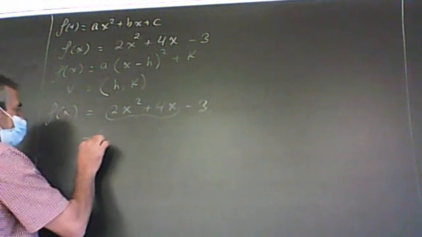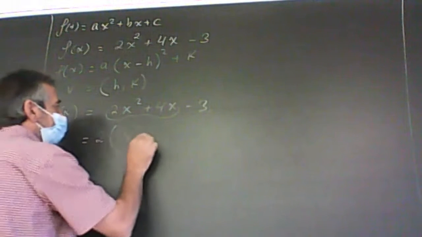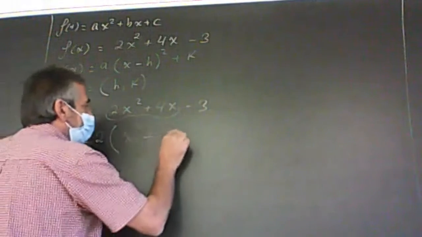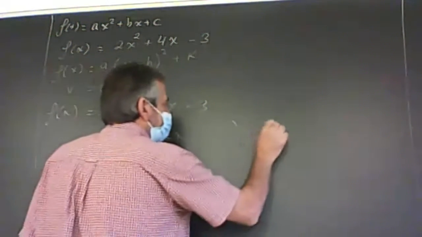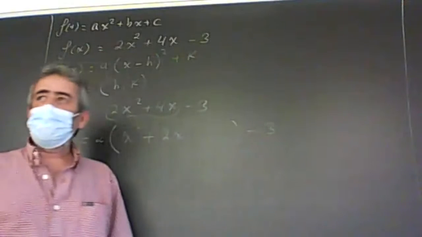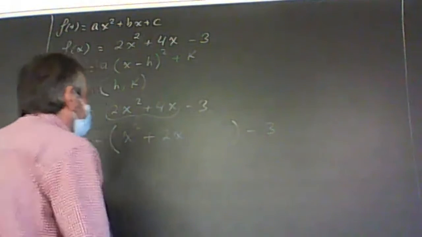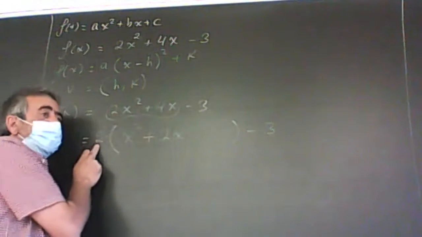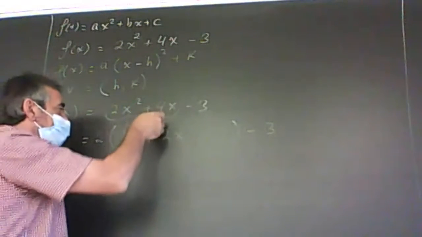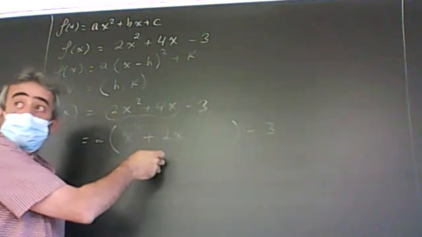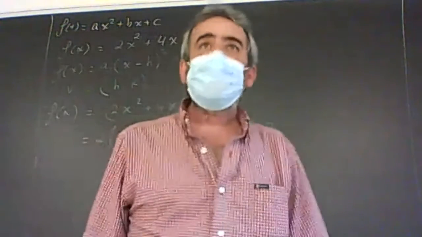So I'm going to say 2 times, say, x squared plus 2x, and I'm going to leave a little space, put minus 3 over here, so I can complete the square. Now notice one thing. If the 4 is not divisible by 2, suppose this was a 3, then it will be 3 over 2. You still have to factor whatever is in front of x squared.